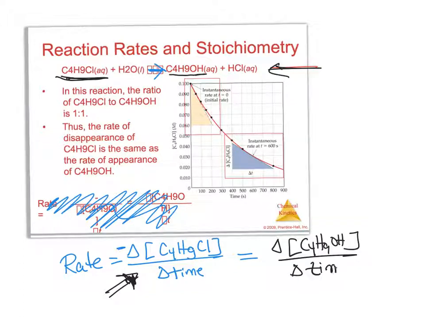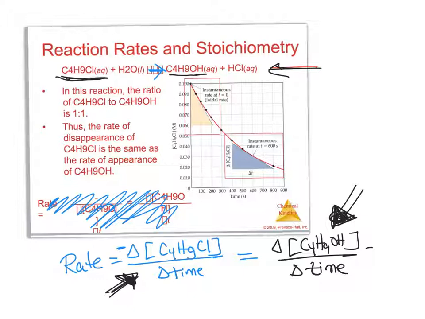So if I would write the representation for the rate of the appearance of the product, that rate is going to be the same as the disappearance of the reactant, because as one of these disappears, you make one of these. It's a 1-to-1 ratio. But that's not always the case.